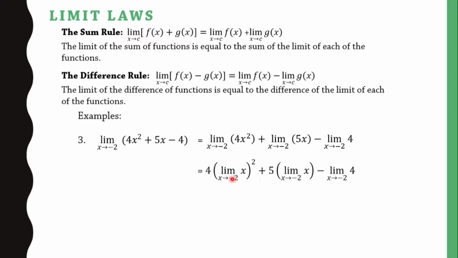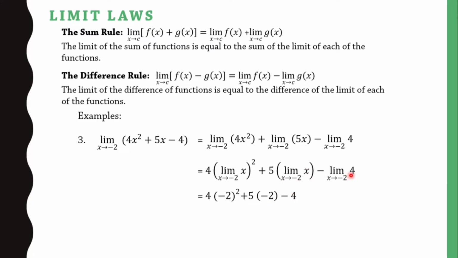Again, using the identity rule here and the constant multiple here. So we will now find the answer. The limit of x as x approaches negative 2 is negative 2 using the identity rule. So that's 4 times negative 2, then squared, plus 5 times, again using the identity rule, the answer here is negative 2.